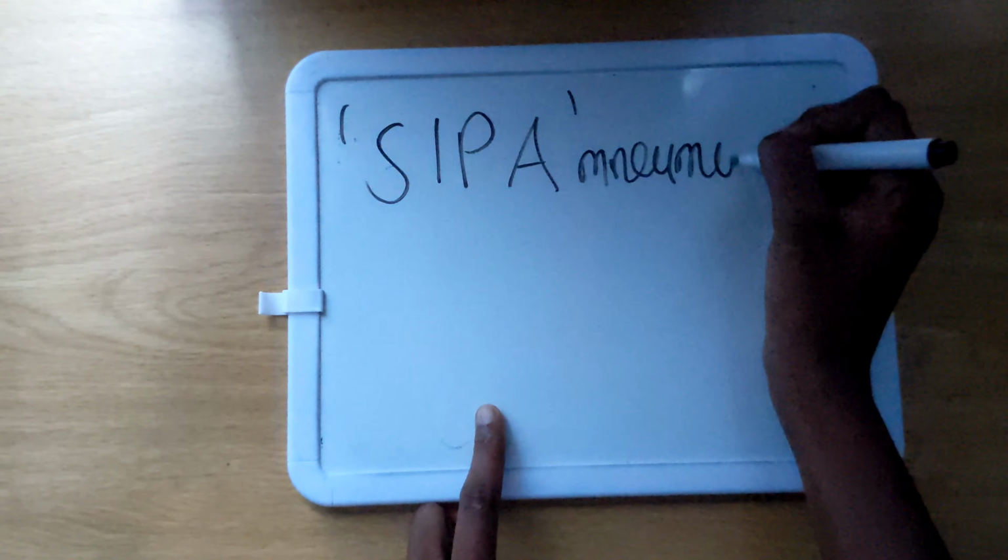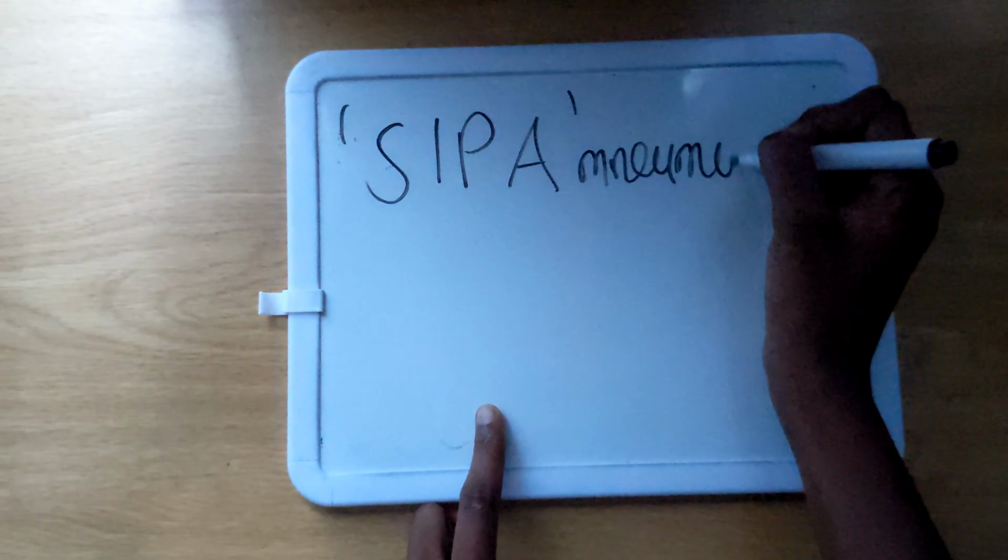I is for insulin. P is for potassium. A is for antibiotics. These are the things that you give to your DKA patient.